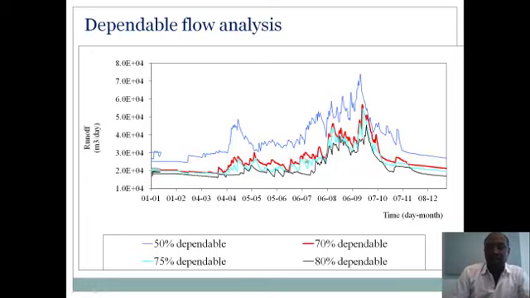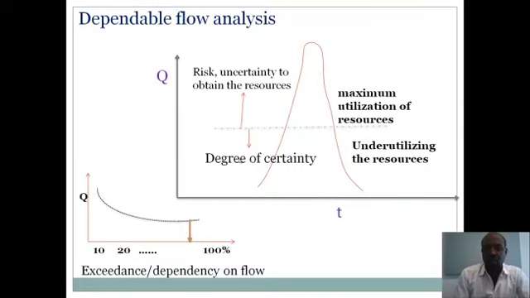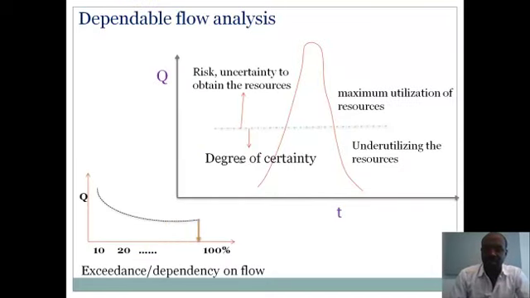Then the planner will select which one to adopt. It is preferable to begin with the more dependable flow, and then to extend the command area for more irrigation. But still, we are always doing this by accepting some risks.